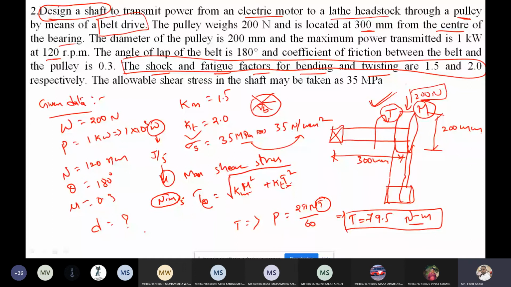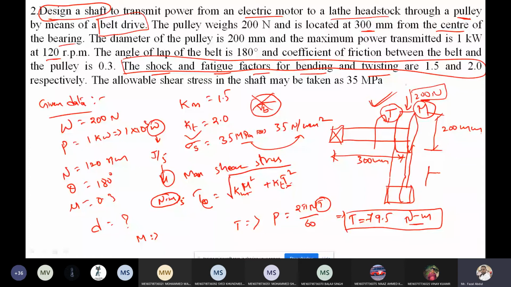To calculate the M value, see the diagram. What is the diagram here? It is fixed at one end and the other end is free. So it is nothing but a cantilever beam.